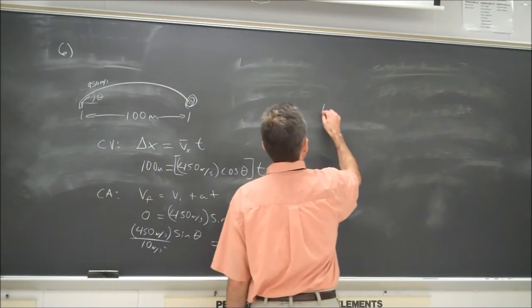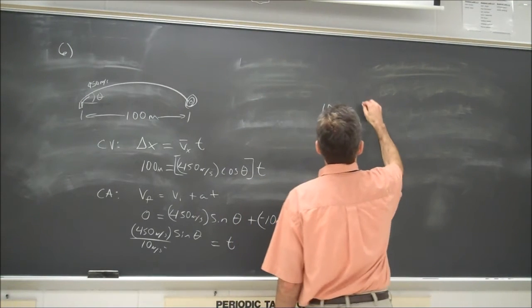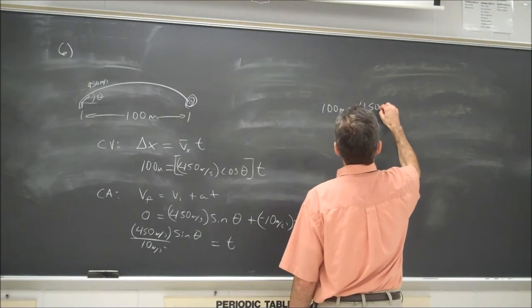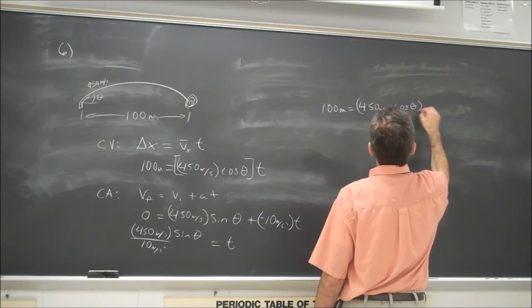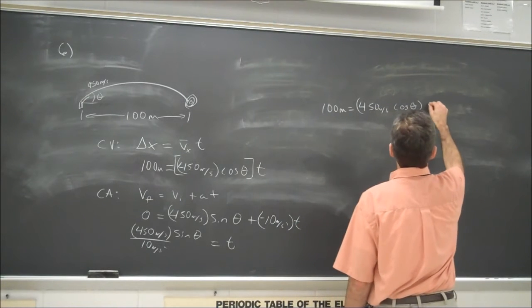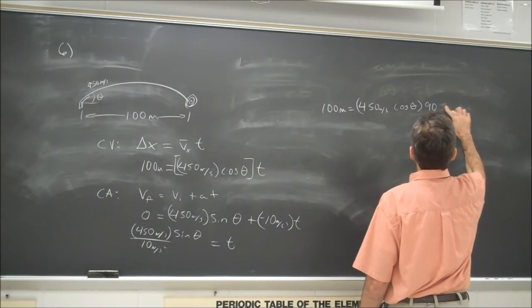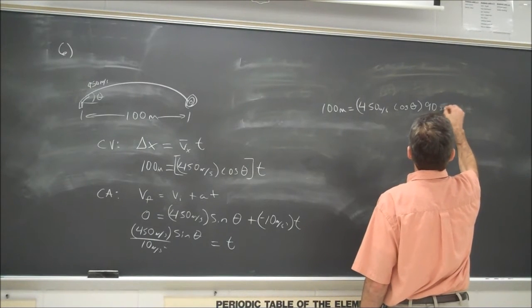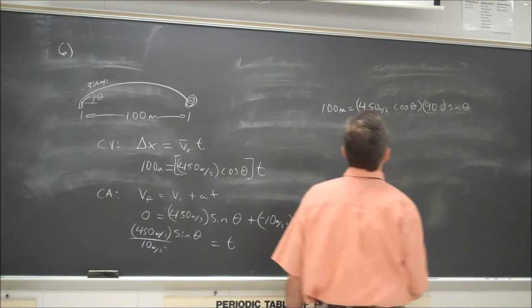And so we get 100 meters equals 450 meters per second cosine of theta times 90 seconds times the sine of theta.